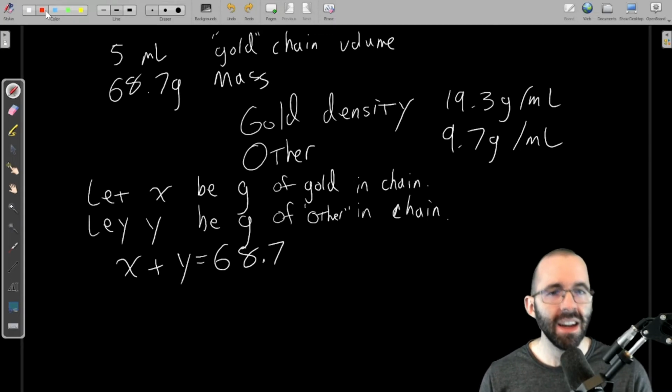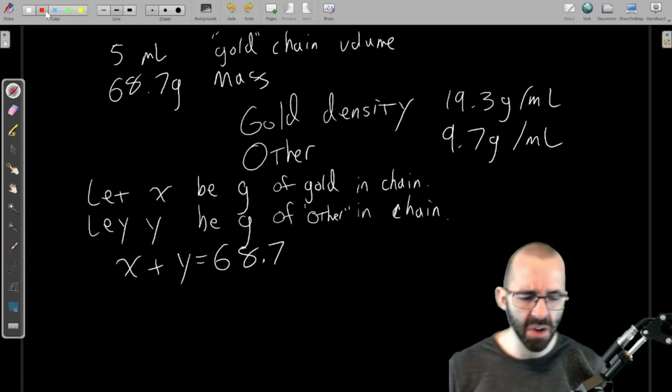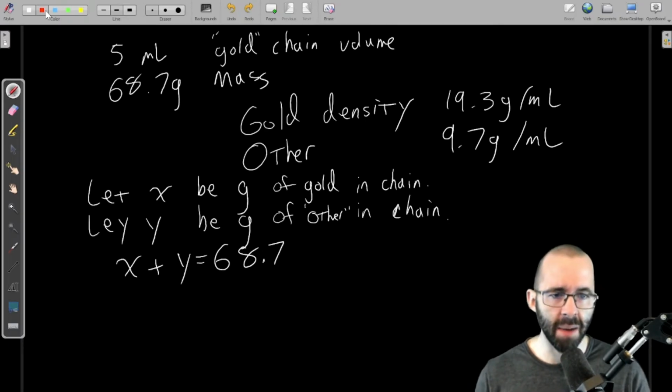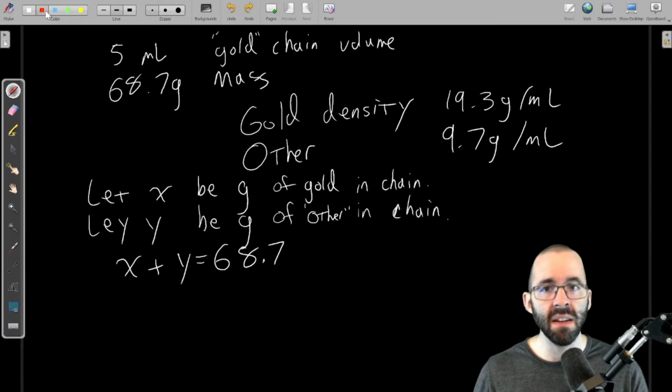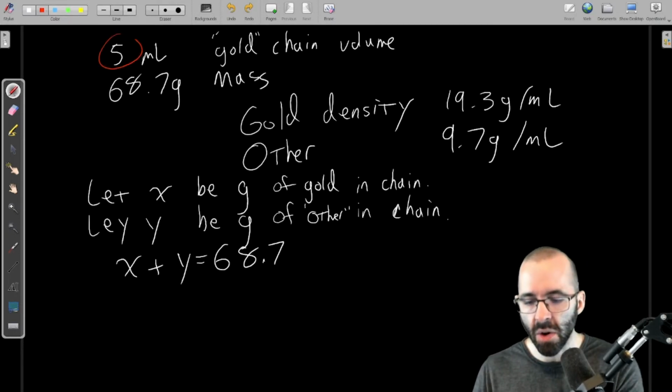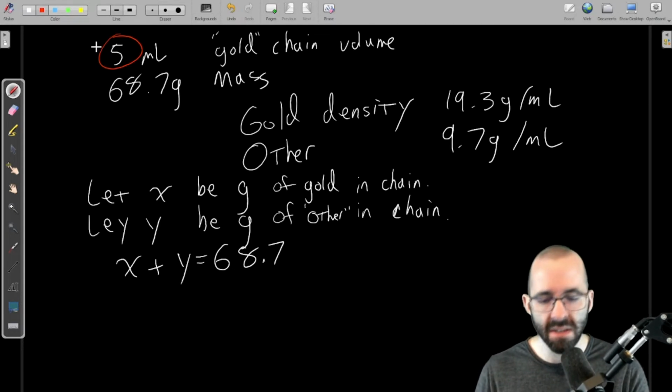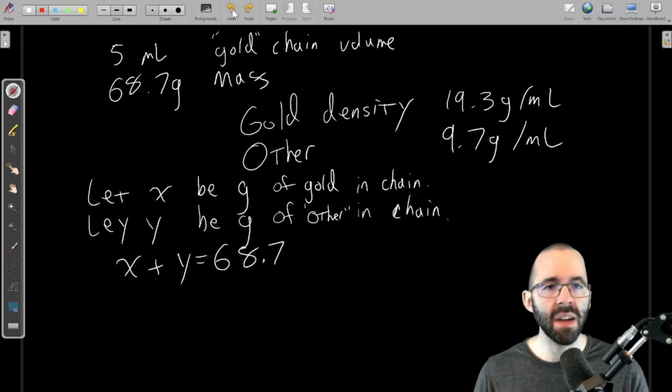Why? If we multiplied X by the 19.3, we'd be multiplying grams by grams per milliliter. We'd get grams squared over milliliters or something. It'd be weird. So I don't know the solution to this problem, but just talking through it myself, what makes sense to me is we know that the whole total has to be 5 milliliters. So let's try to get something about milliliters.